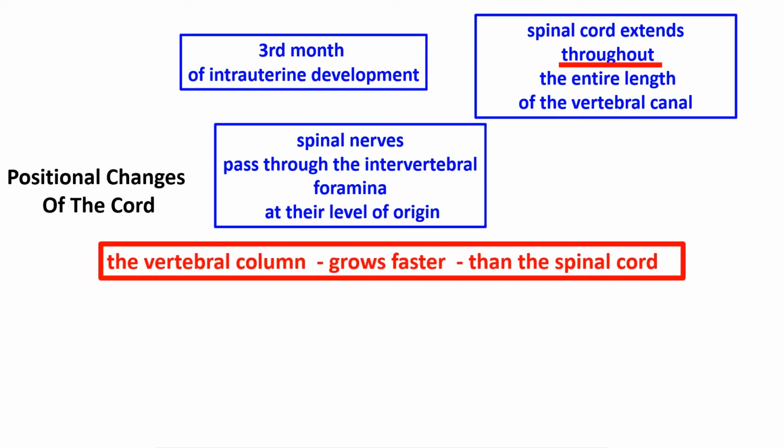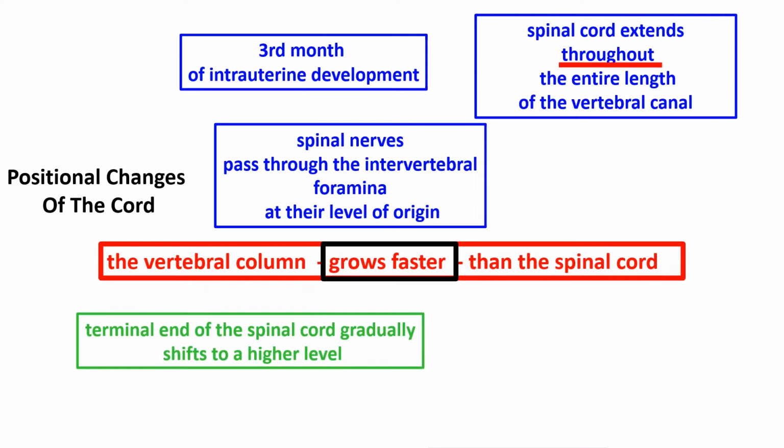But something is going to happen. The vertebral column, the skeleton, the vertebrae, they grow much faster than the spinal cord. The spinal cord cannot follow the growth of the vertebral column.